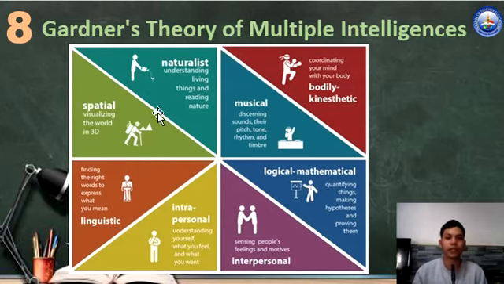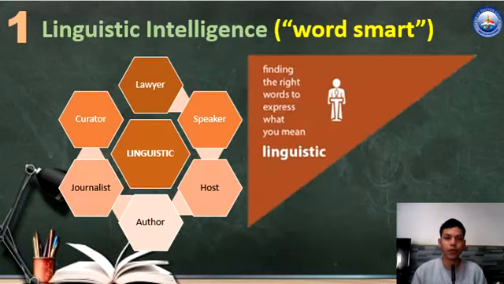This is what I have mentioned earlier. Let's start with the first one, linguistic intelligence, or word smart. Linguistic intelligence is a part of Howard Gardner's multiple intelligences theory that deals with sensitivity to spoken and written language.